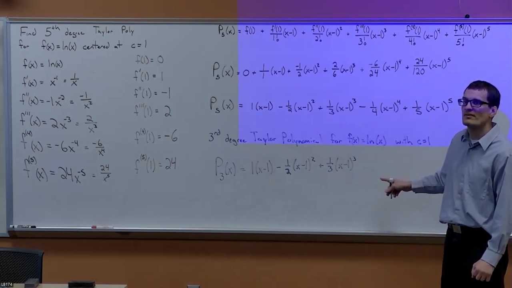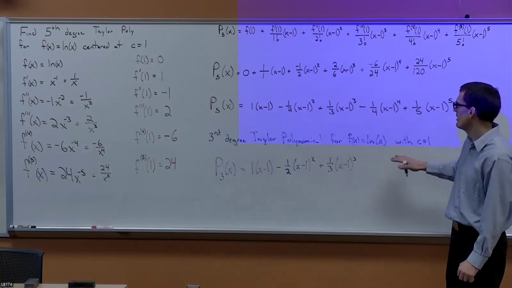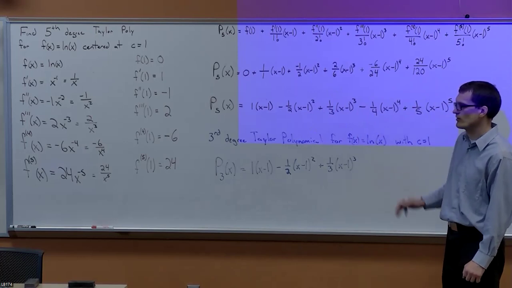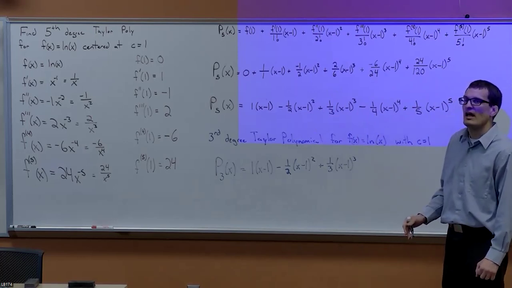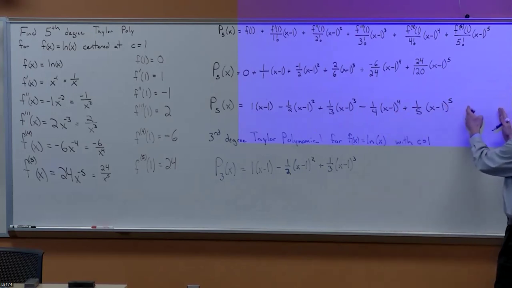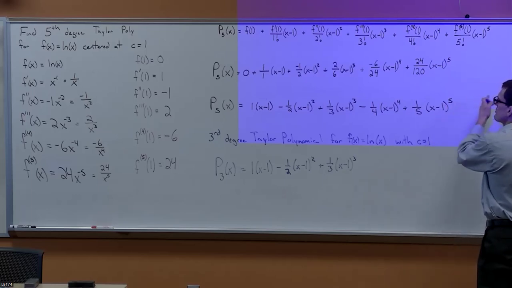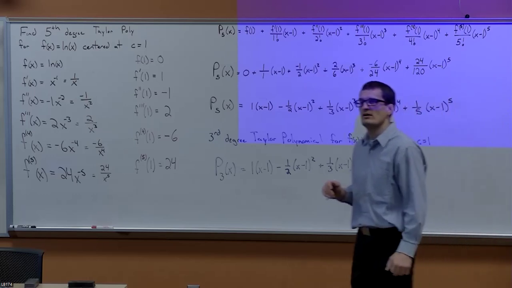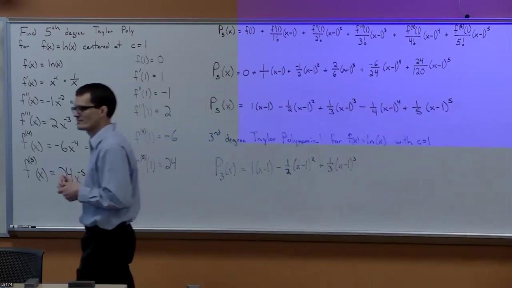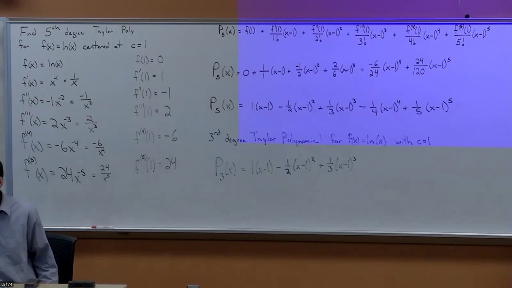Okay. So with the 4th and 5th power pieces lopped off, you get the 3rd degree. And you can imagine if you wanted the 6th degree, you just have to add on a 6th term. And if you wanted the 7th degree, you'd have to add on a 6th term and a 7th term. Now I want you to notice something about the 3rd degree.